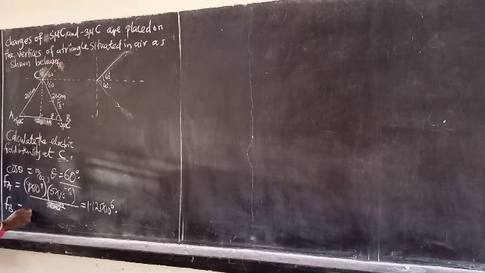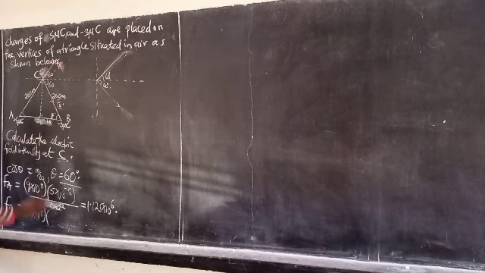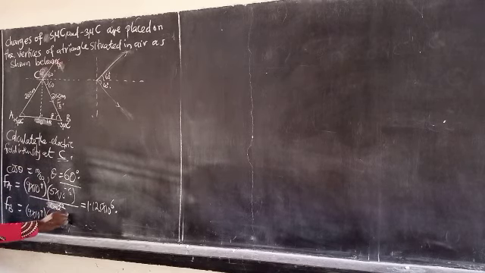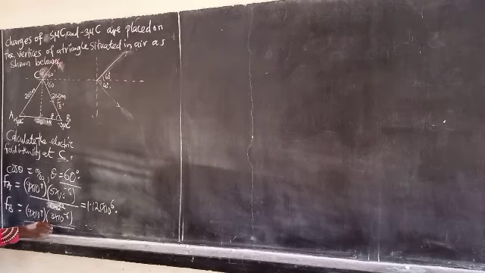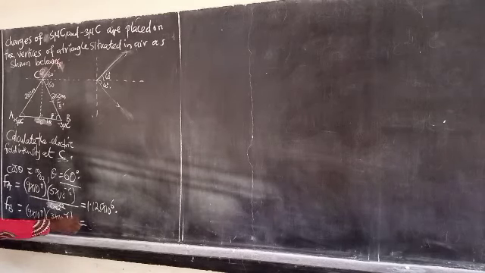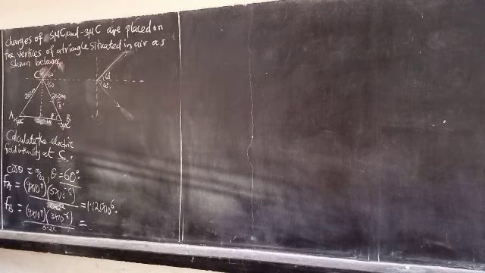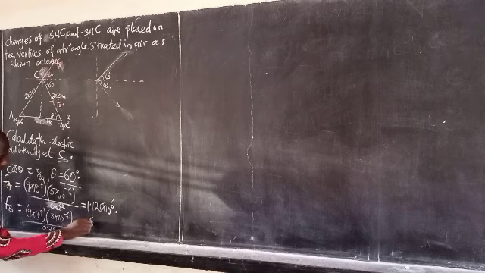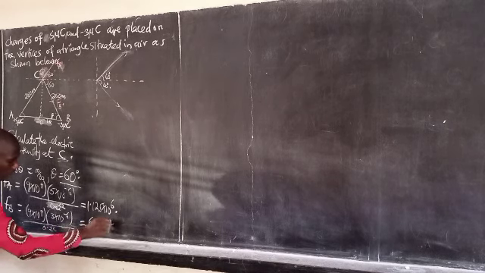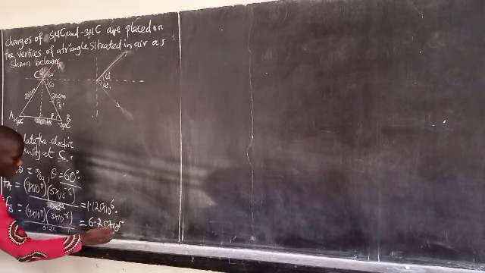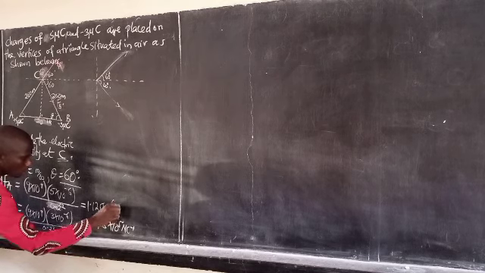Then when I calculate F due to this, which goes in this direction, it should give me 9 exponent 9, then this one is 3 exponent negative 6, then the distance is the same, 0.2 squared. And when I calculate that one, it should give me 6.75 exponent 5 Newton per Coulomb.